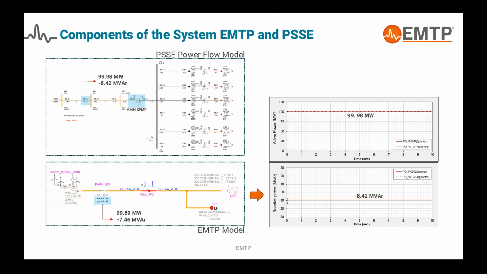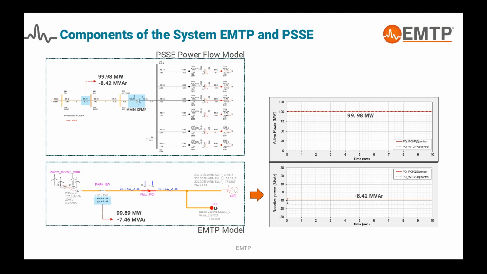So yeah, one test, and this is not an acceptance test, but something to make sure that the model is working well. So here, as you can see, when you solve the load flow in PSSC, it's a simple load flow model. So you'll see something like that.